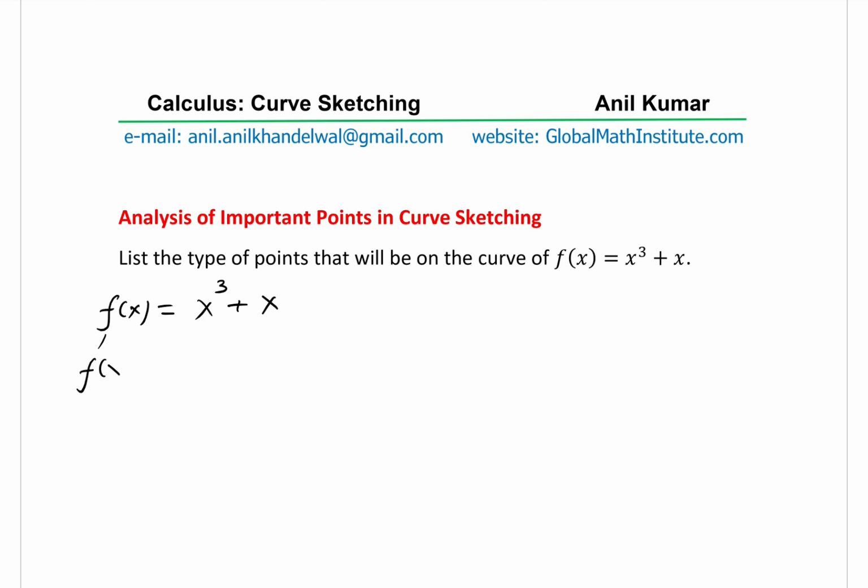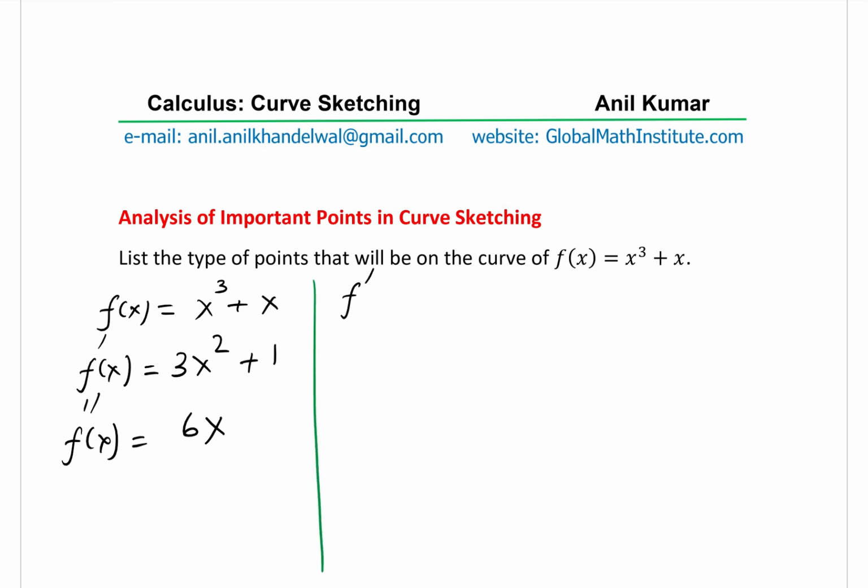The derivative of this function is 3x squared plus 1, and the second derivative is 6x. Now, let's first analyze the first derivative. First derivative f dash x is equal to 3x squared plus 1.